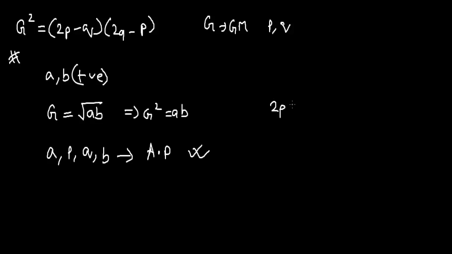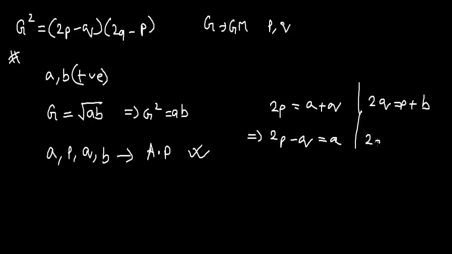So 2P equals a plus Q, and 2Q equals P plus b. I hope you are getting this. We use the AP property that b minus a equals c minus b. So we'll just simplify this: 2P minus Q equals a, and 2Q minus P equals b.